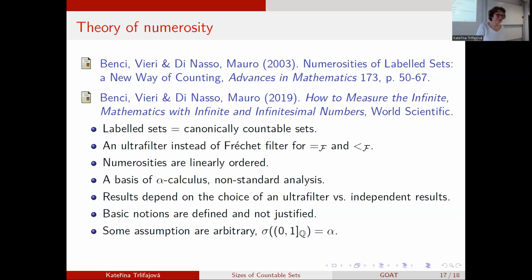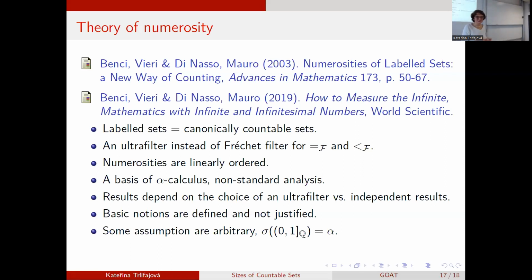Does your description work well with power sets? Of finite sets, probably yes, because power sets of finite sets are always finite. So there shouldn't be any problem with that.